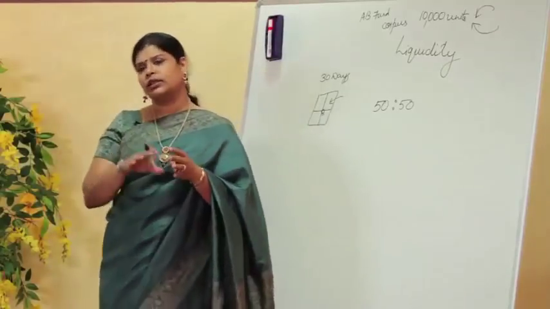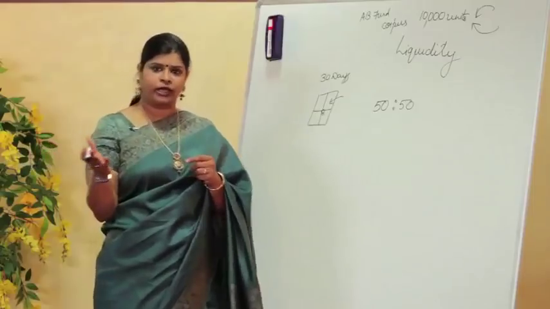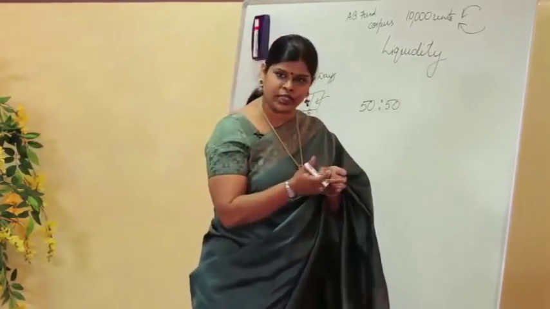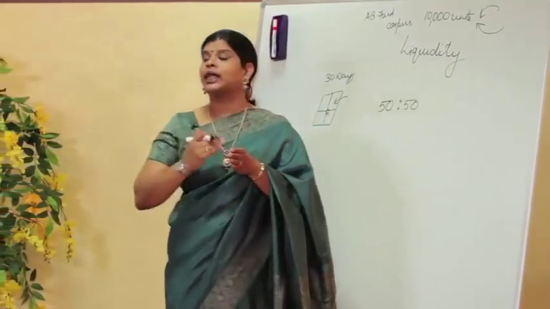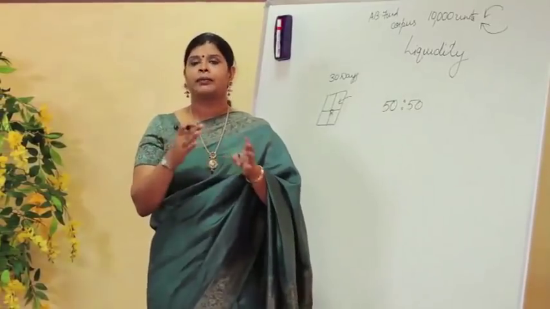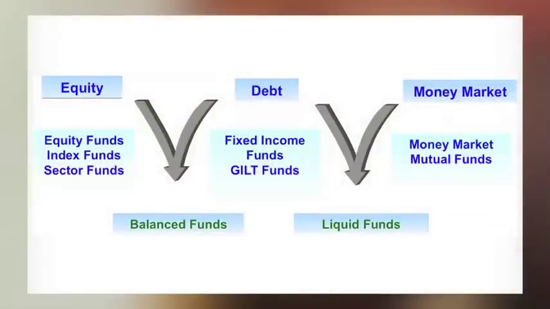Another investment objective can be: I want to have a risk exposure, but at the same time I want to take care of my principal. For them, the best fund will be a balanced fund. Now, there might be a person who is risk averse, who doesn't want to take risk at all. He is comfortable doing his investments in the debt market, but as we all know, debt instruments are long-term instruments, right?